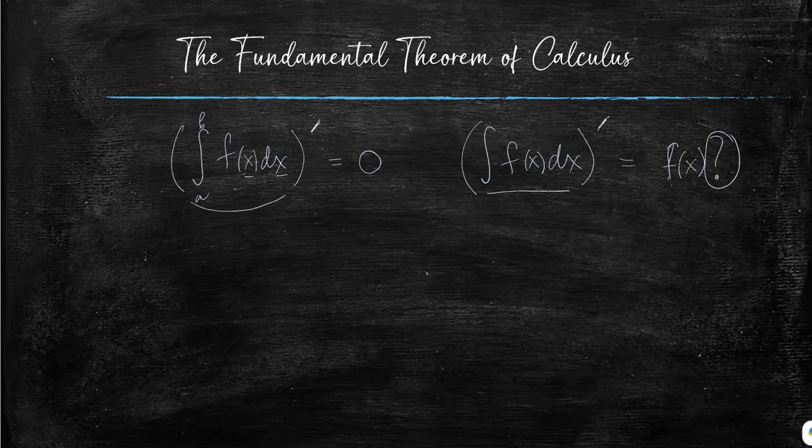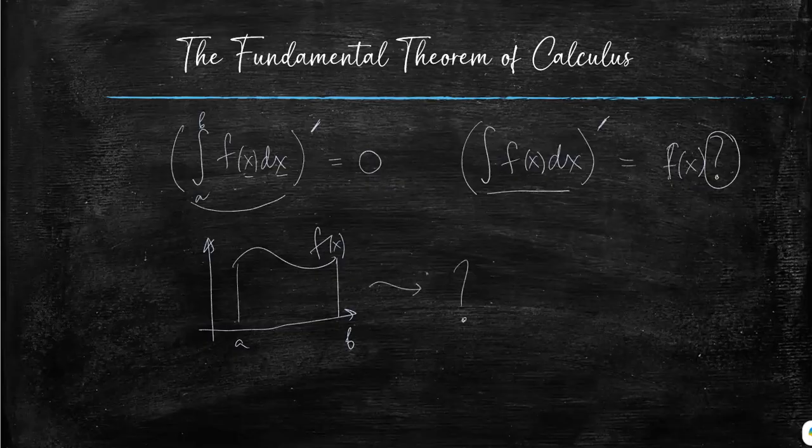And it's also not immediately obvious what the area under the graph, or the net area between the graph and the x-axis, has to do with antiderivatives, right? Or derivatives, or anything for that matter. So what is the deal with these two different things being called integration? Well, we're about to find out.